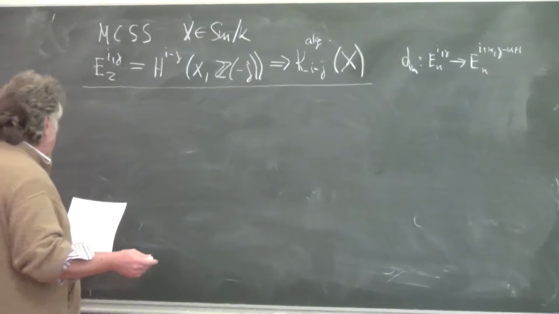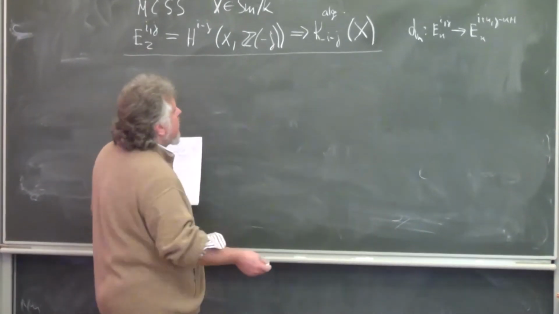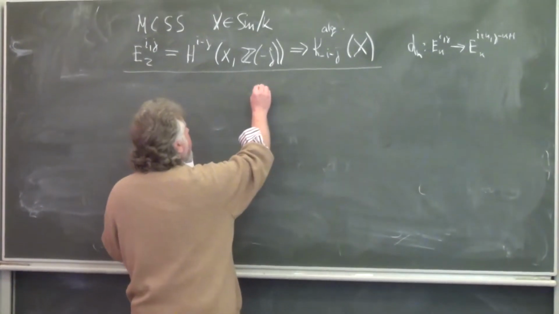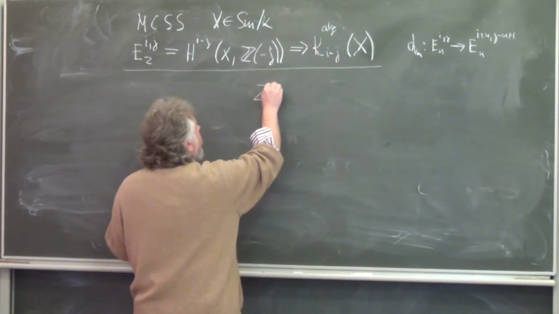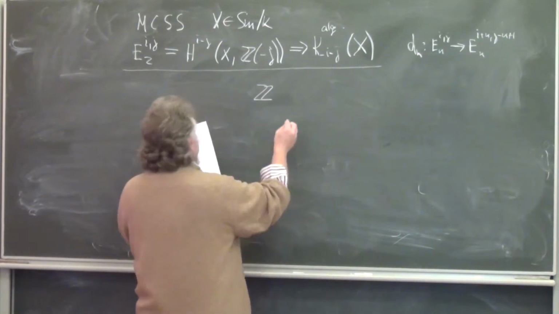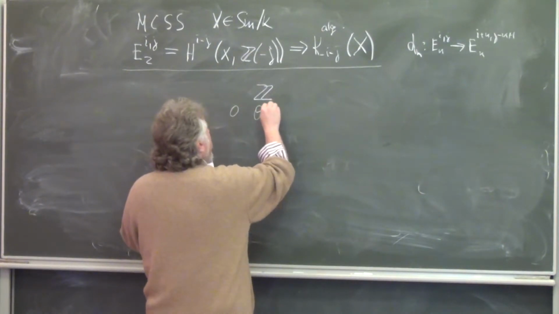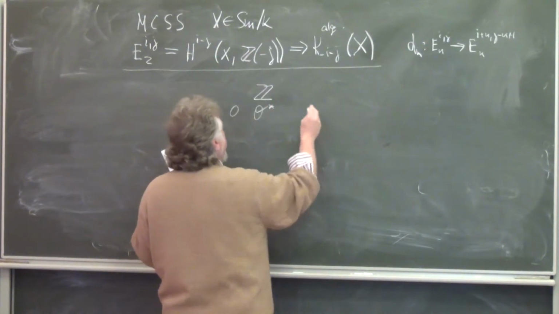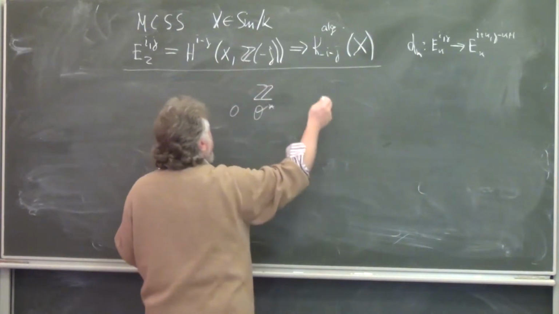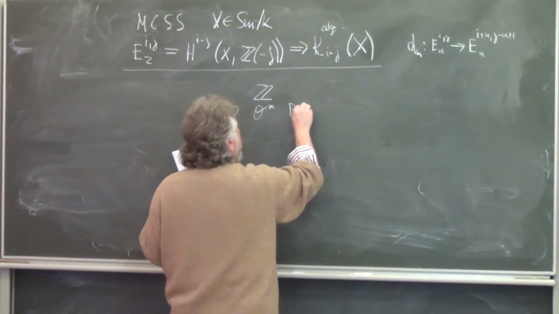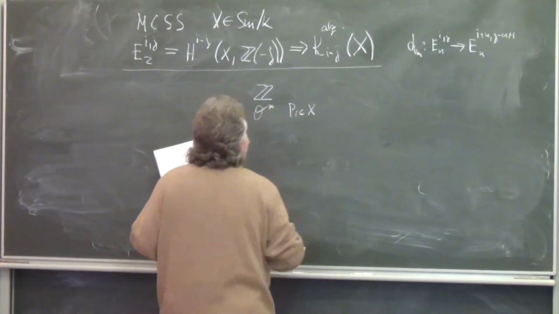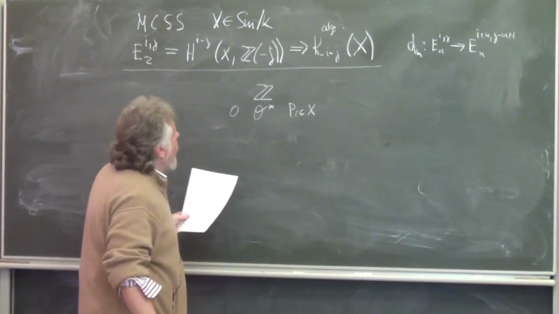Okay, so let me write some part of the E2 term of this spectral sequence. It has a very interesting form. It starts from Z, H^0(X, Z(0)). Then we have the next row.